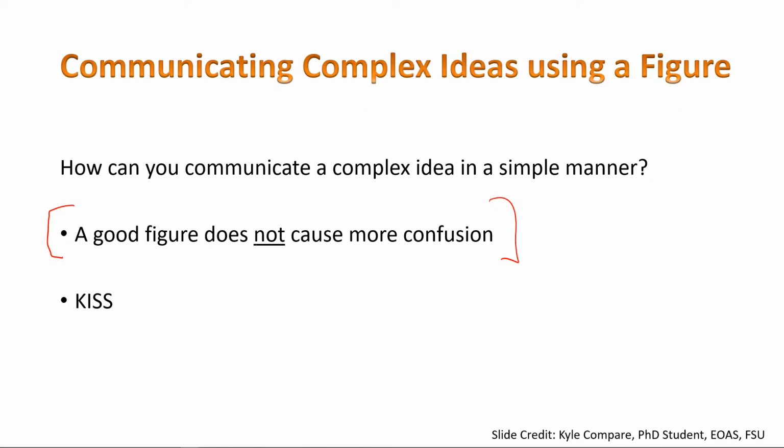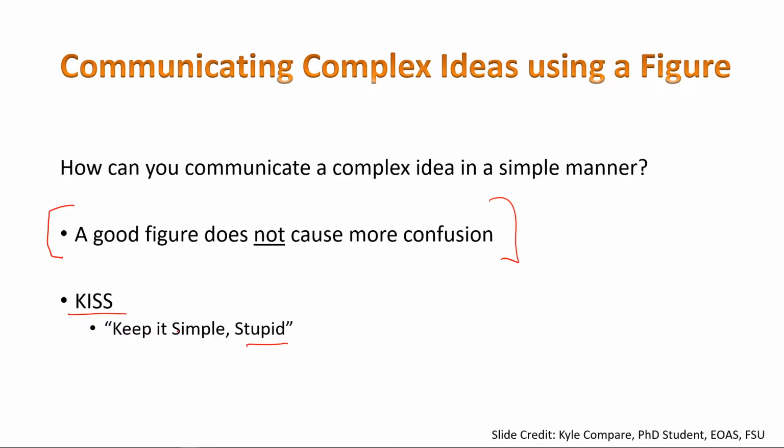You look at your figure and you ask, will this figure confuse my reader? Will this figure cause more confusion, or will it create more clarity and help the reader better understand the story or the message that I want to deliver? And there is a rule for this. It's called KISS. KISS means keep it simple, stupid.